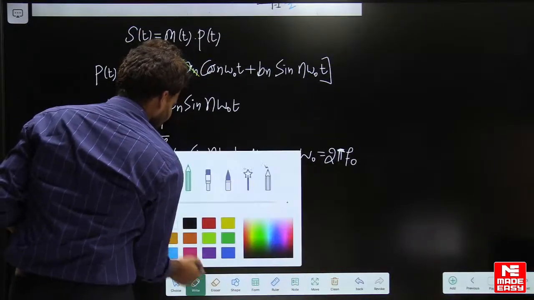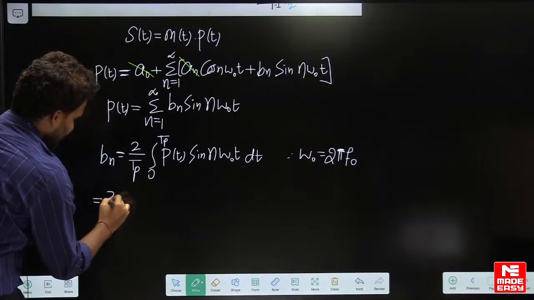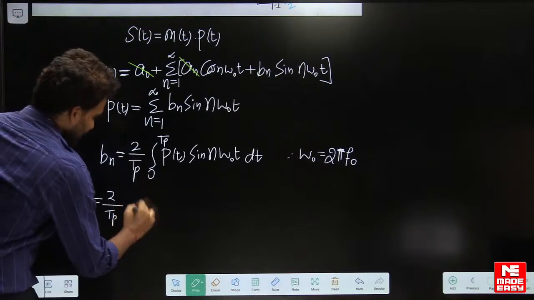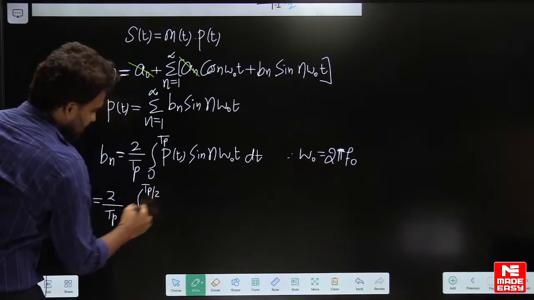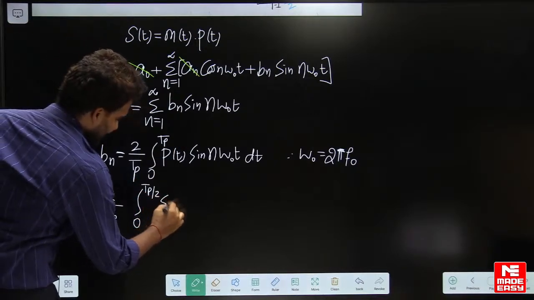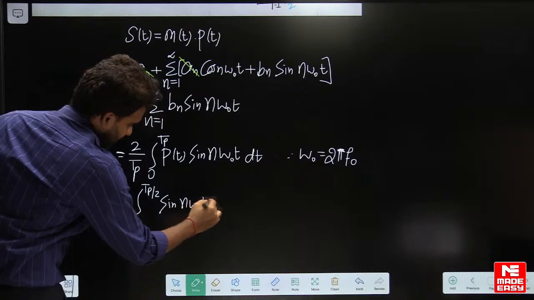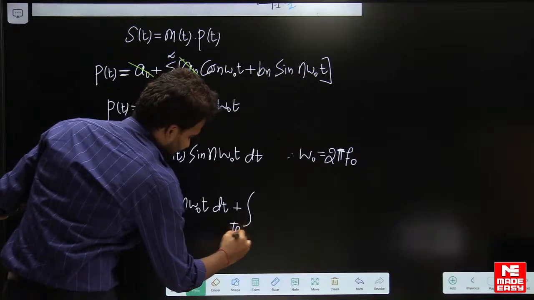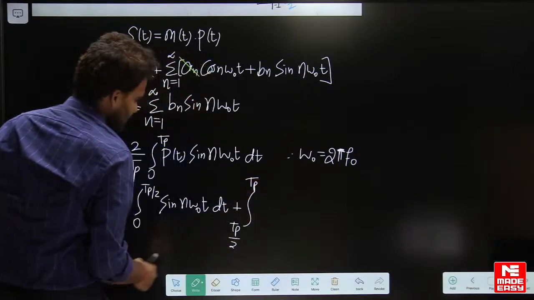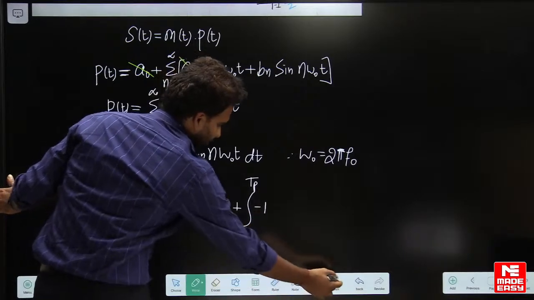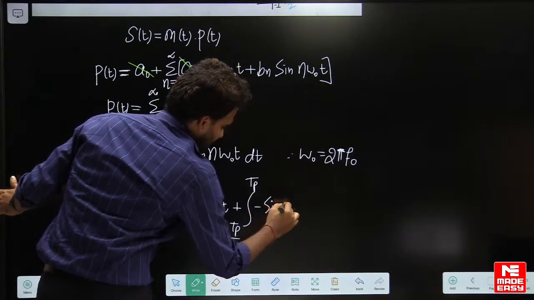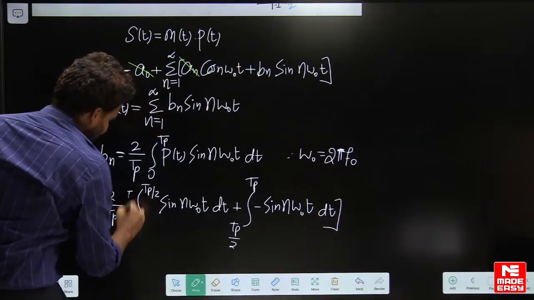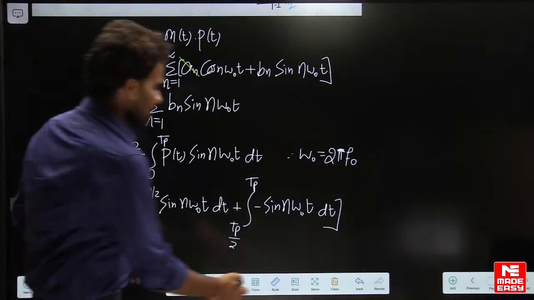This will be 2 by Tp, and integration 0 to Tp by 2, p(t) is 1, sine n omega naught t dt, plus integration Tp by 2 to Tp, p(t) is minus 1, so minus sine n omega naught t dt.